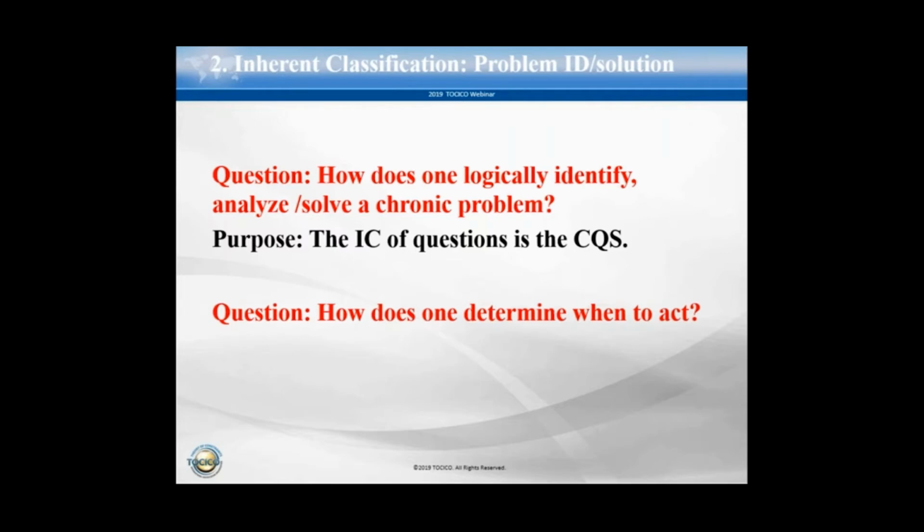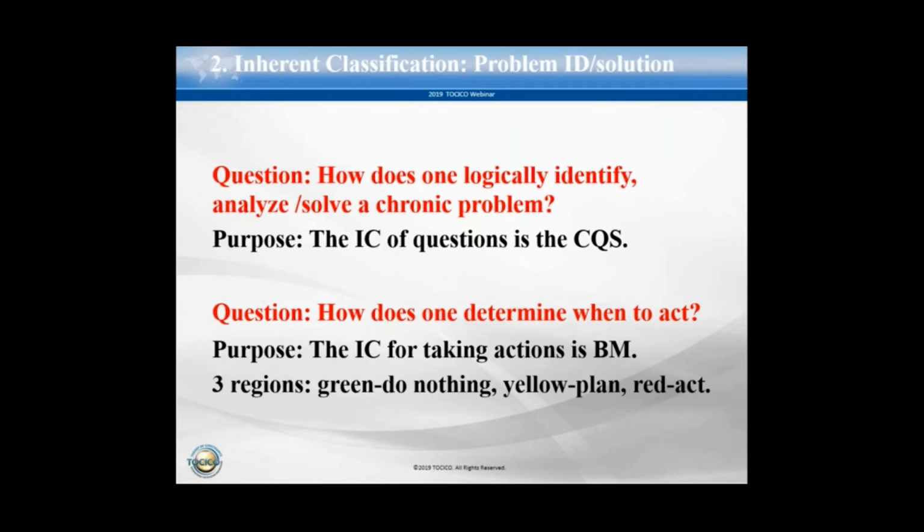How does one determine when to act? This is a question that many decision makers face, and the purpose of the inherent classification to take actions is buffer management. We know buffer management acts like a traffic signal, red, yellow, and green. We have 3 regions. Green means we do nothing.